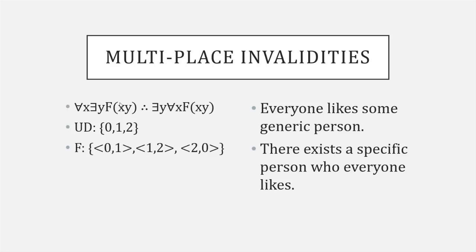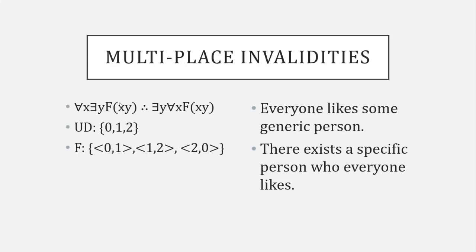Good. Now, is the conclusion true? There exists at least one y such that every x stands in the f relation to it. We're going to learn a technique later this class that makes this easier.